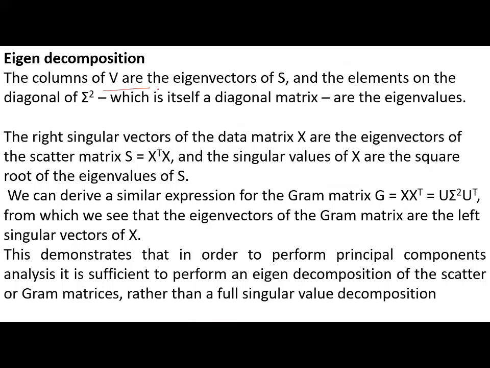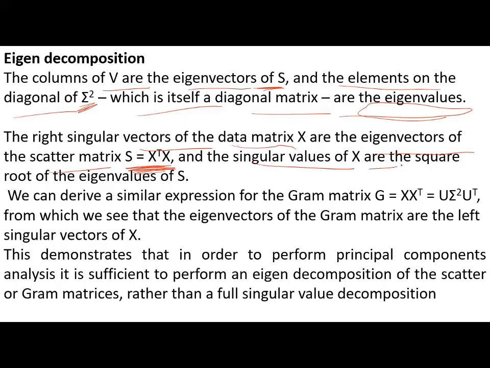The columns of V are the eigenvectors of S, and the elements on the diagonal of sigma square, which is itself a diagonal matrix, are the eigenvalues. The right singular vectors of the data matrix X are the eigenvectors of the scatter matrix S equal to X power T into X, and the singular values of X are the square roots of the eigenvalues of S.